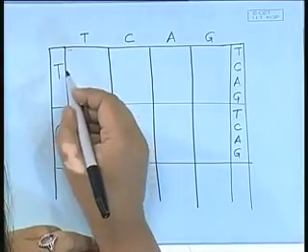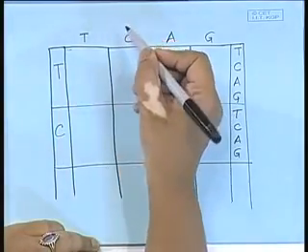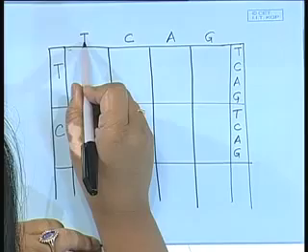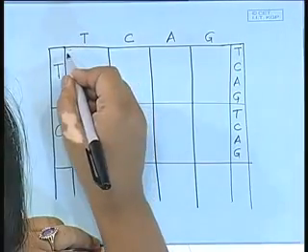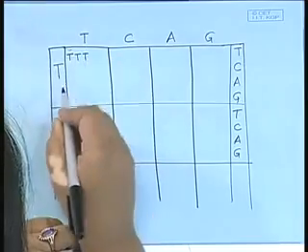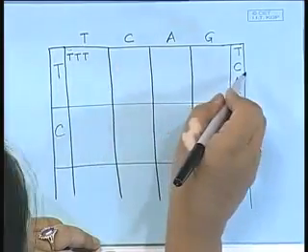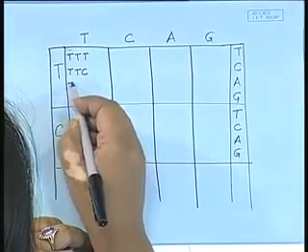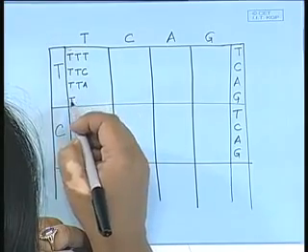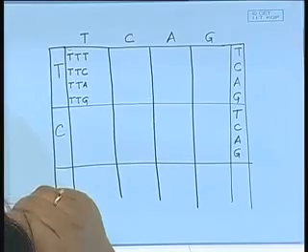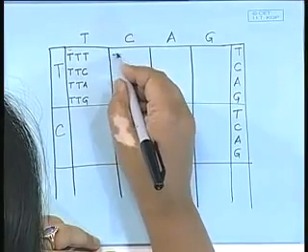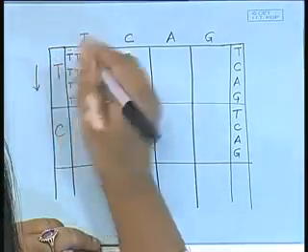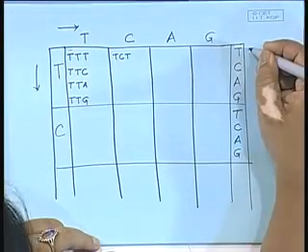Now, what we have here is the first, the second and the third. So, what is the first? T, T, T. The second one will be T, T, C. Third one is going to be T, T, A, T, T, G. In this case, we have T, C, T, because the first one is T. This is the first position, this is the second, and this is the third position.